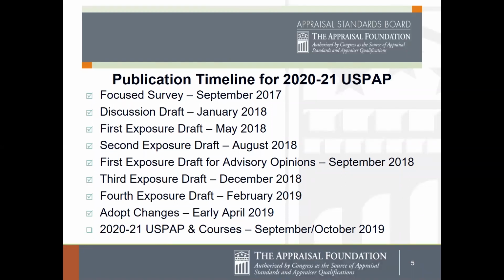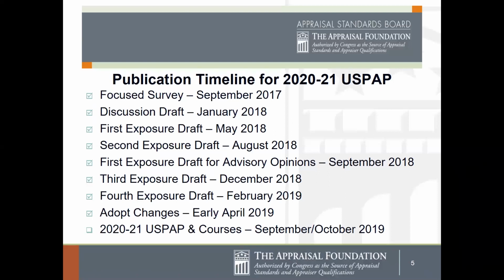So what you see on the screen is the timeline that got us to where we are today. The changes were adopted by the Standards Board on April 5th, and the changes to USPAP as well as the courses are currently being made. As in prior USPAP cycles, the new USPAP and the courses will be available by the fourth quarter.